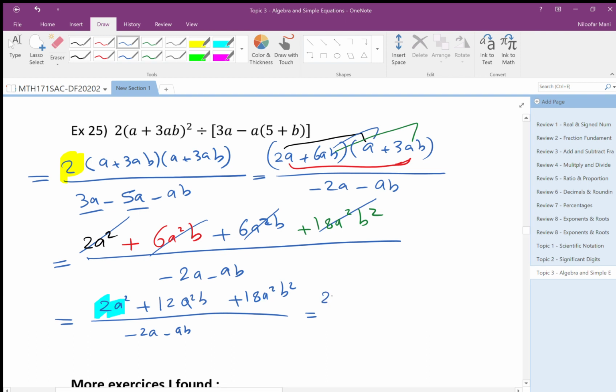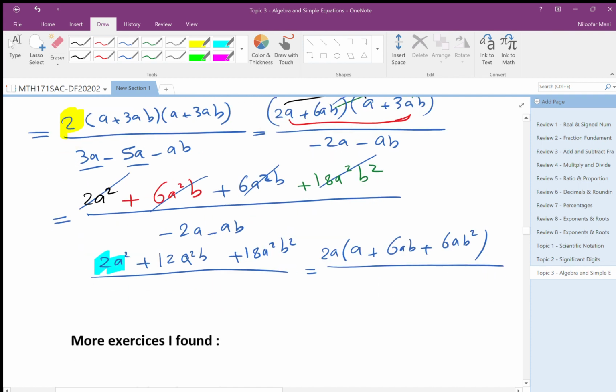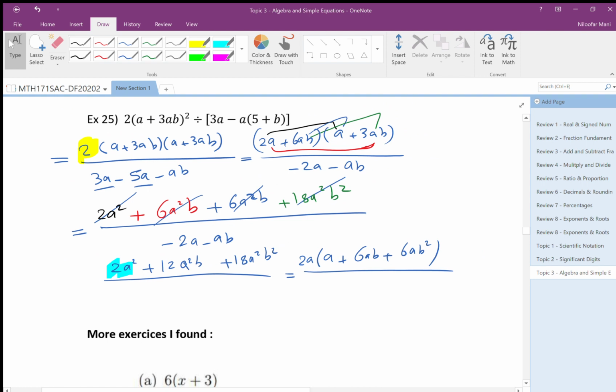Okay, so 2a times a plus 6ab plus 6ab squared divided by, I don't know what happened to the denominator here, so it's minus 2a minus ab.